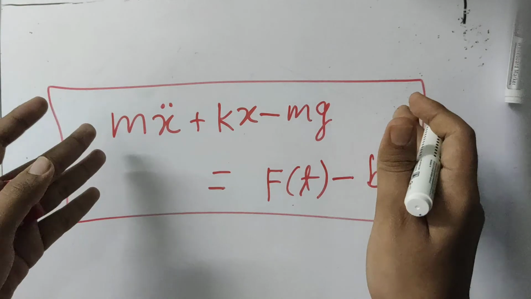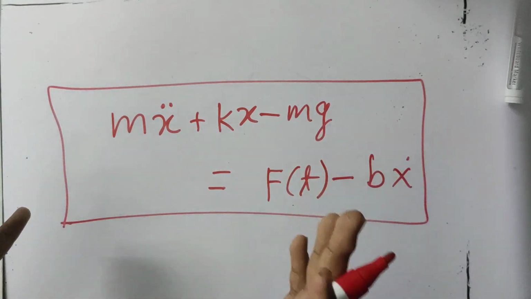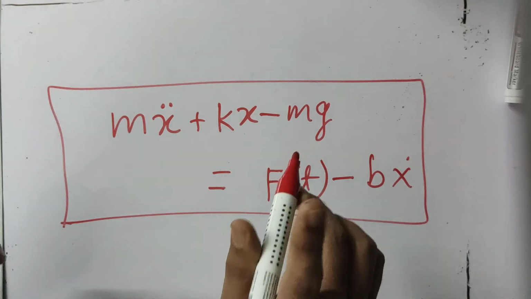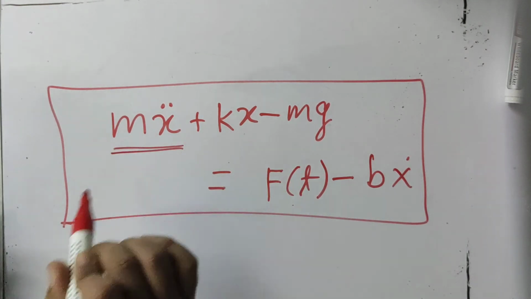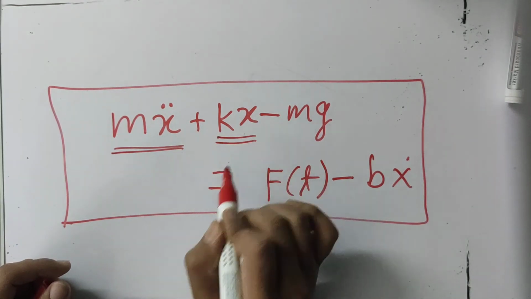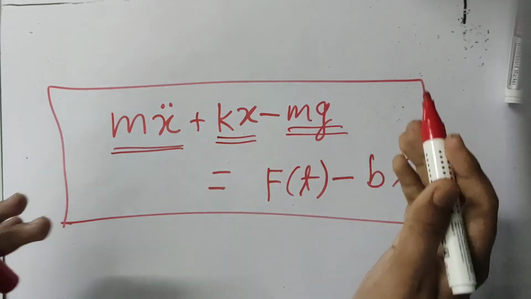You can verify it by using Newton's laws of motion and Newtonian mechanics, and the result comes out to be this. Now one thing to note here is that this is the acceleration times mass term, this is the spring force, this is the force due to weight.